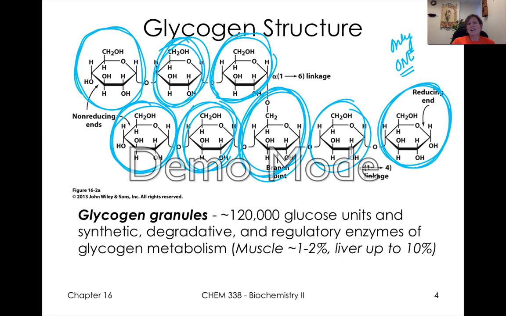But I wanted to highlight when we look at the global structure of glycogen here. So again, we've got alpha 1,4 linked glucose residues with alpha 1,6 branch points. And here again is our one reducing end that we'd have on our glycogen molecule.